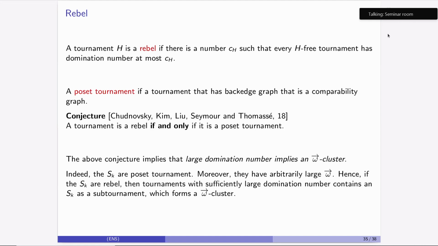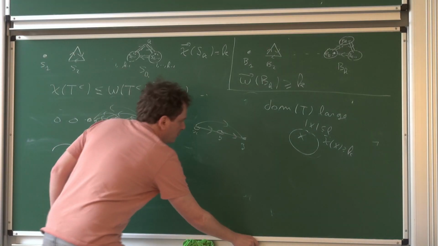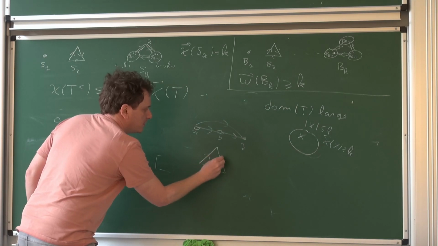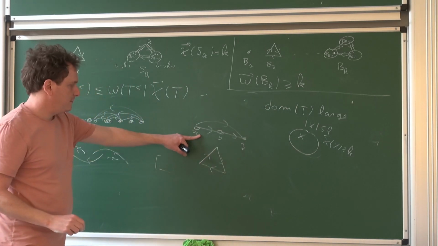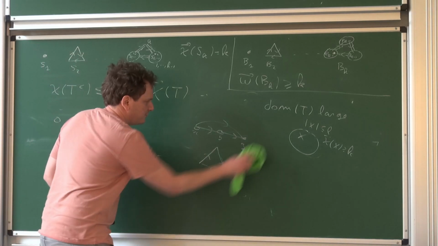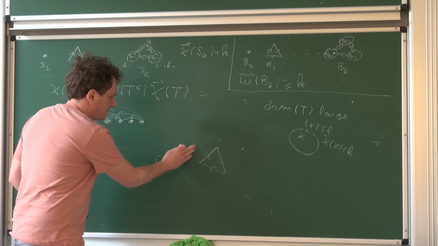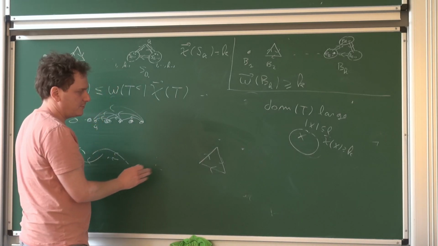Wait, I don't understand something. This property just implies that the tournament is transitive, right? Isn't it? Or I don't understand what you have just. Oh, the directed triangle. Right, this is not the good definition. I thought it was working, but maybe I'm wrong then.